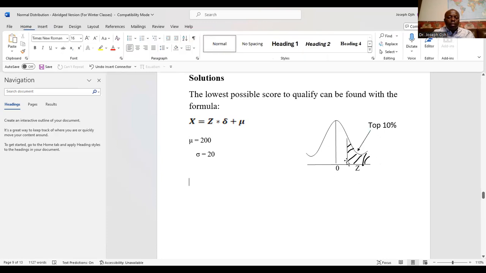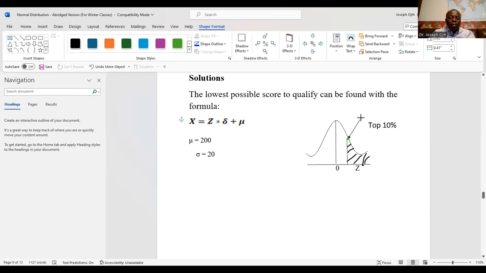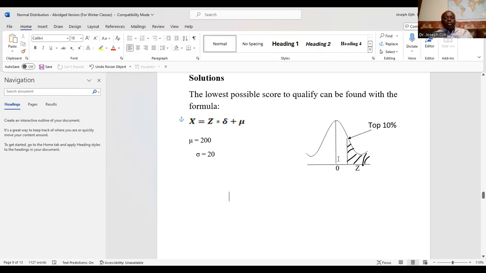See? Actually, right here, not here. It is right there. That's this line here, representing top 10%. Let me move the Z backward to that line.